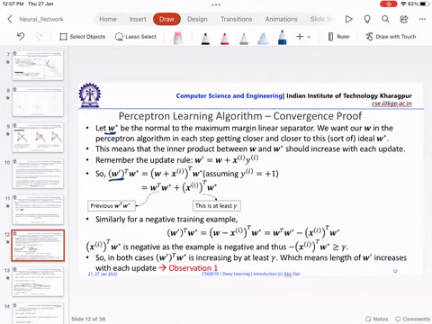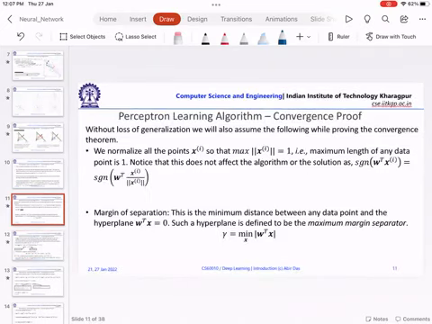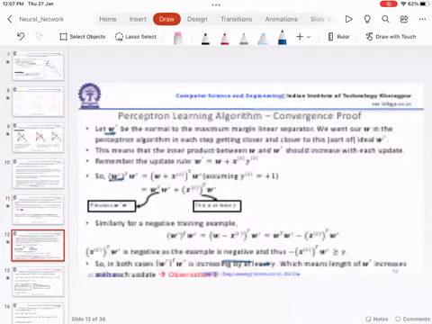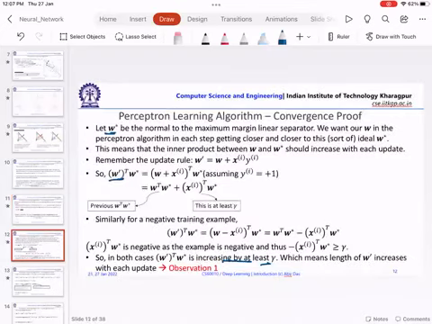We have seen that W prime times W star is increasing by at least gamma. What is gamma? Gamma is the margin of separation, the minimum distance between any data point and the hyperplane. So this is observation 1: we want our W in the perceptron algorithm to get closer and closer to W star, which means the inner product between W and W star should increase with each update.